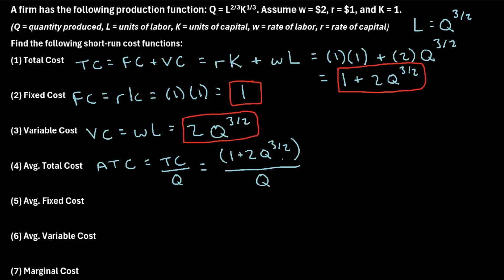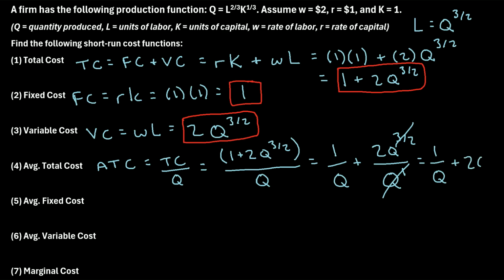We can divide both terms in the numerator by Q. So we get 1 divided by Q, plus 2Q to the 3/2 divided by Q. Here we can imagine this denominator is Q to the first power, so we can cancel out one full Q and we'll be left with Q to the 1/2 in the numerator. So our final average total cost function is 1 over Q, plus 2 times Q to the 1/2 power.